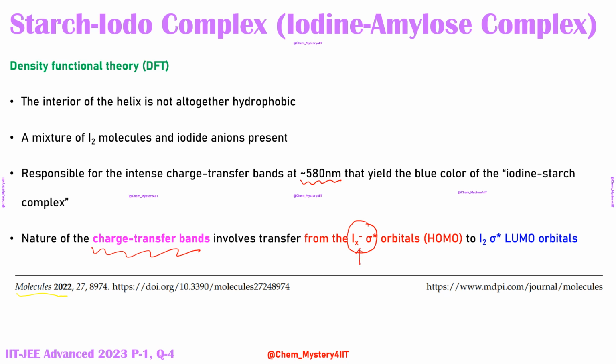They suggest in this paper that it is possibly I5 minus; the major evidence they cite is that this comes from I5 minus. So the HOMO orbital's electrons go into the iodine I2's LUMO orbital, and that appears as the charge transfer band at this particular wavelength. That is the reason coming from the DFT theory.